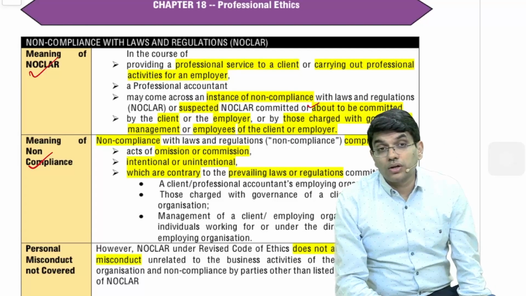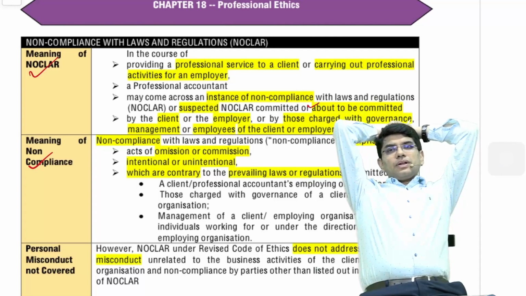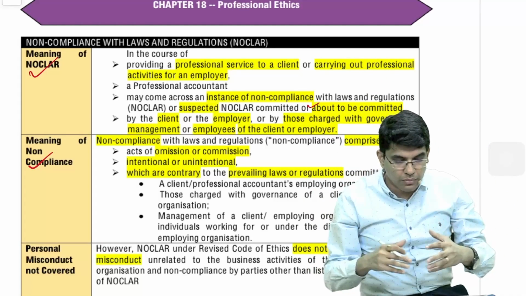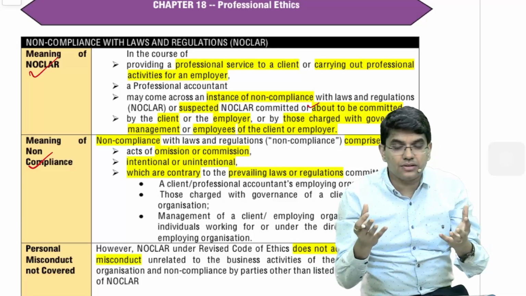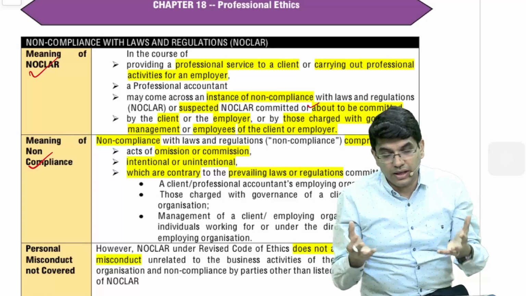What do you mean by non-compliance? It's very simple. If there is an omission involved, you are not doing something which is required by law, or you are going against it, doing something contrary or something incorrectly against the law.